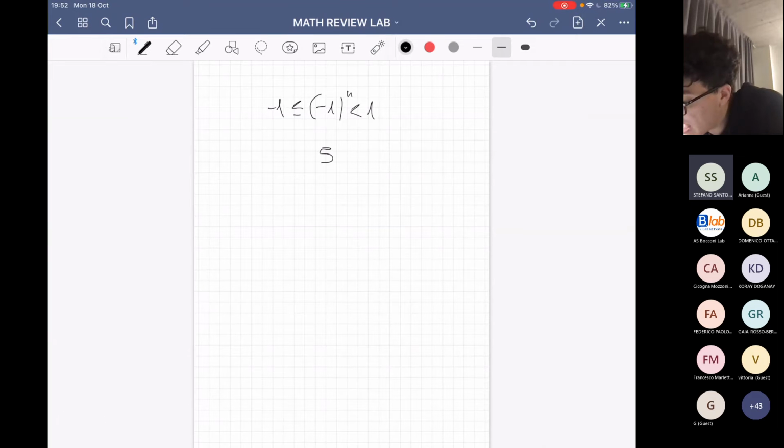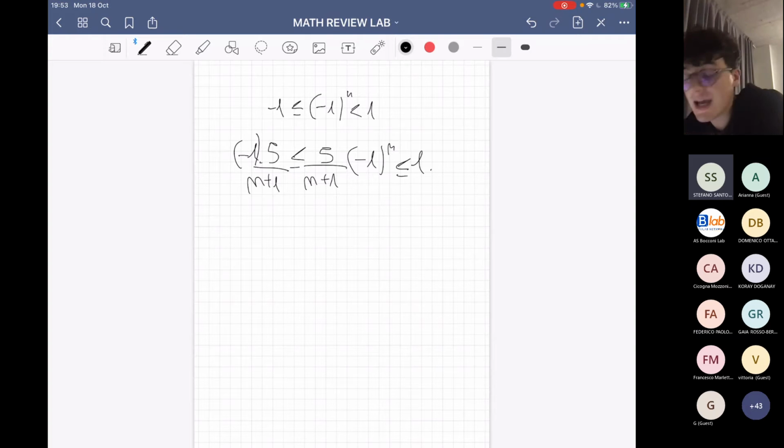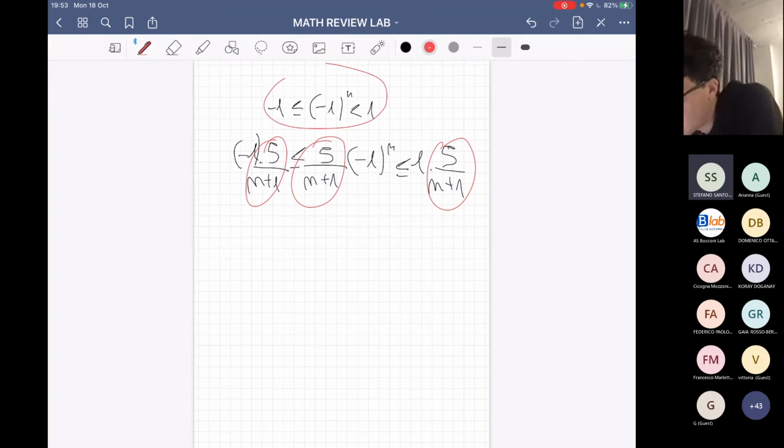If we multiply 5 over n plus 1 times each part, then -1 to the power of n times 5 over n plus 1 is greater than or equal to -1 times 5 over n plus 1, and here we have the same with 1, times 5 over n plus 1. We can multiply all the parts by the same quantity, so simply we can apply the comparison theorem.